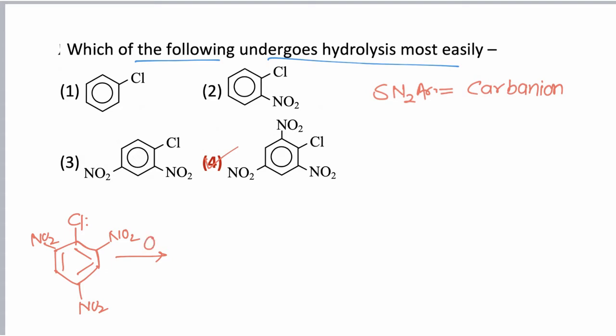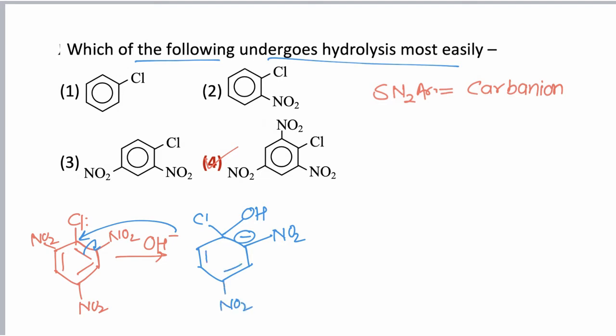In the presence of OH negative, the nucleophile donates a pair of electrons. As the nucleophile donates a pair of electrons, the pi bond between carbon-carbon starts breaking and a carbanion intermediate is formed. This carbanion is stabilized by the electron withdrawing groups present at the ortho and para positions.